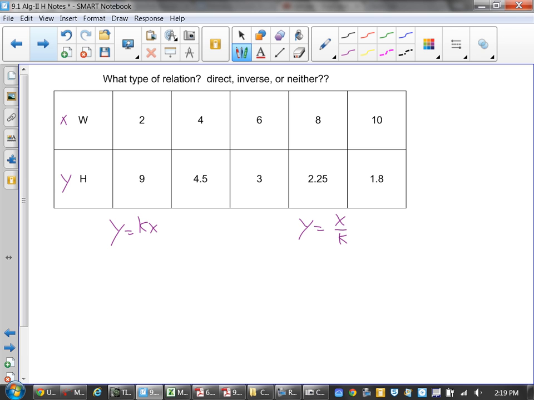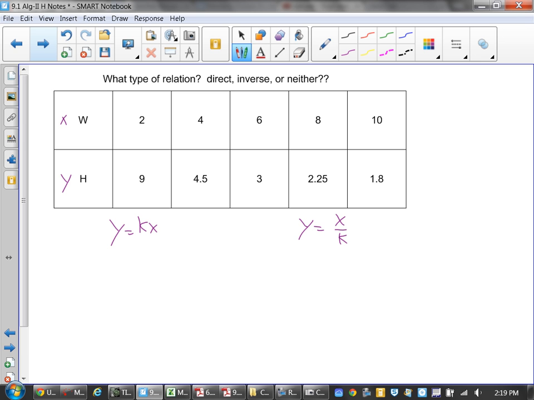Give me a second while you guys are writing that up. If they wind up being direct, that means that value of k is always going to be the same for each set of ordered pairs. If they're going to be inverse, the value of k would be the same for all of those sets of ordered pairs. So all you're doing is checking.